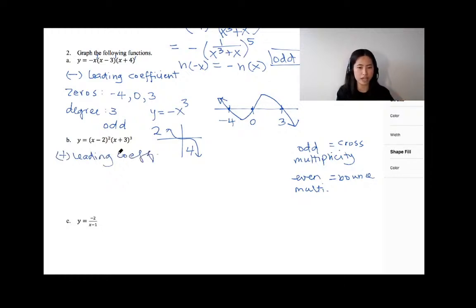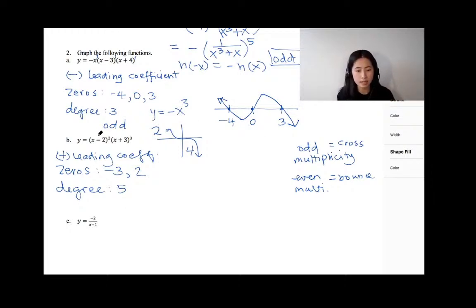I'm just gonna abbreviate coefficient as co-f, but that's coefficient. And your zeros are essentially -3, x plus 3, and +2. And then your degree now is going to be 5, and the reason why it's 5 is because it's 2 plus 3. So degree is the sum of your multiplicity.